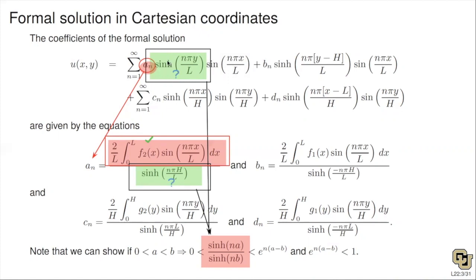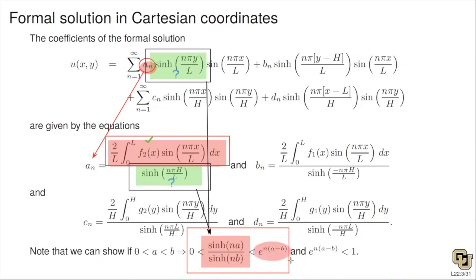And so what I'm claiming is that this inequality, which we can prove just using algebra, implies that this quotient of sinh is being dominated by this exponential term that's going to decay to 0.